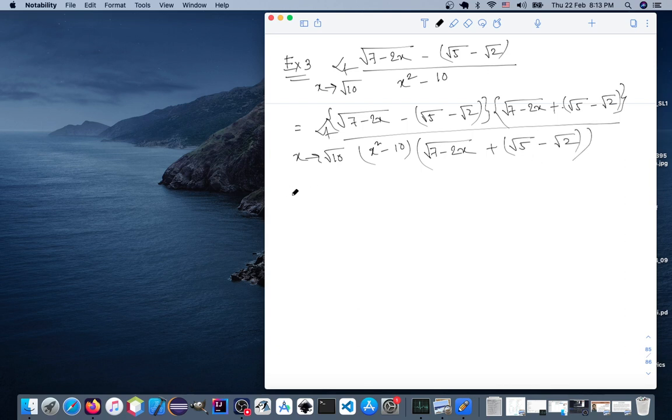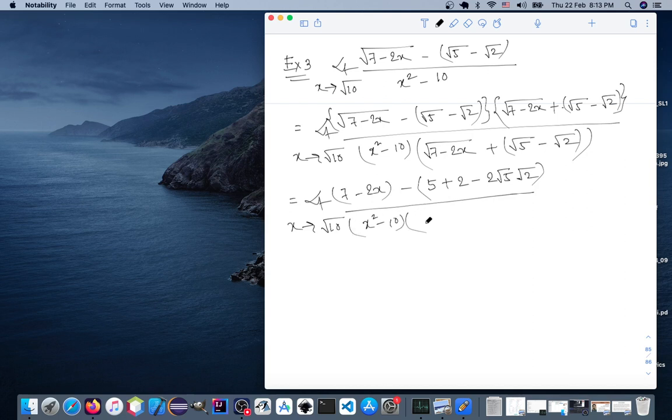If we simplify the numerator, we get 7 minus 2x minus root 5 minus root 2 whole square. This is 5 plus 2 minus 2 root 5 into root 2.